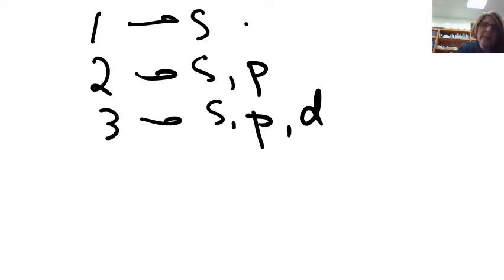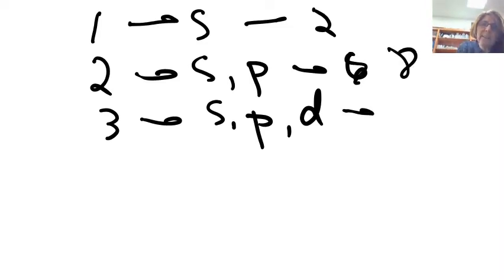S has 2, this has 6. So we have 8 because P has 6, S has 2, and then 3 has 18. So you should be able to do principal energy level 4.